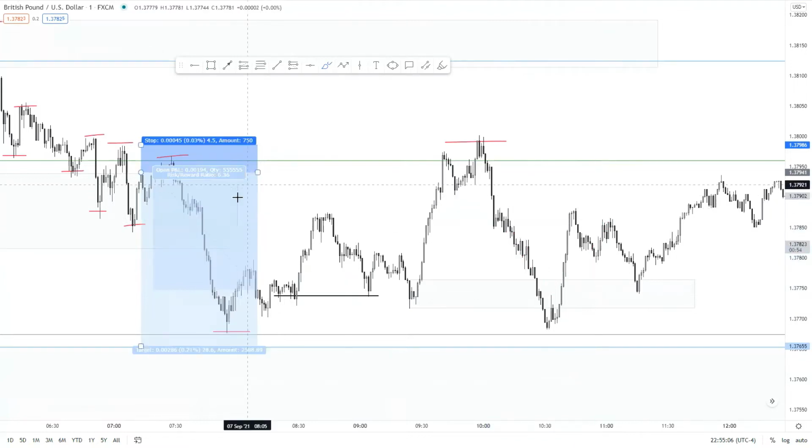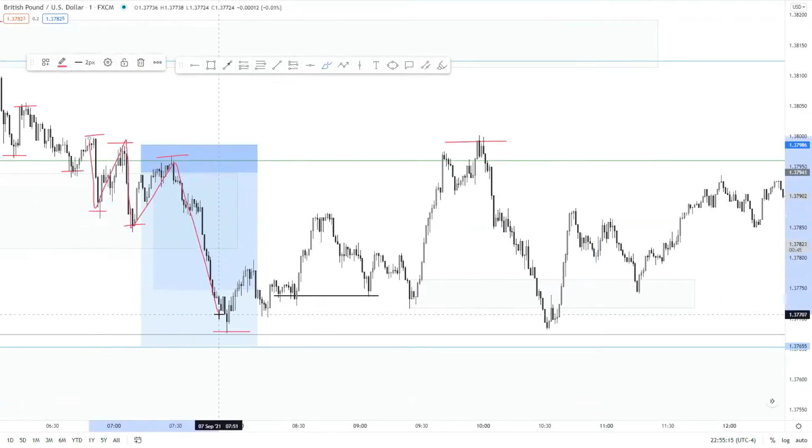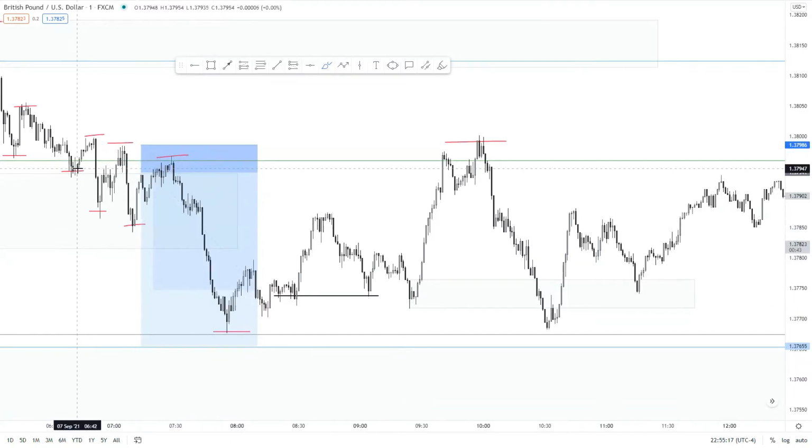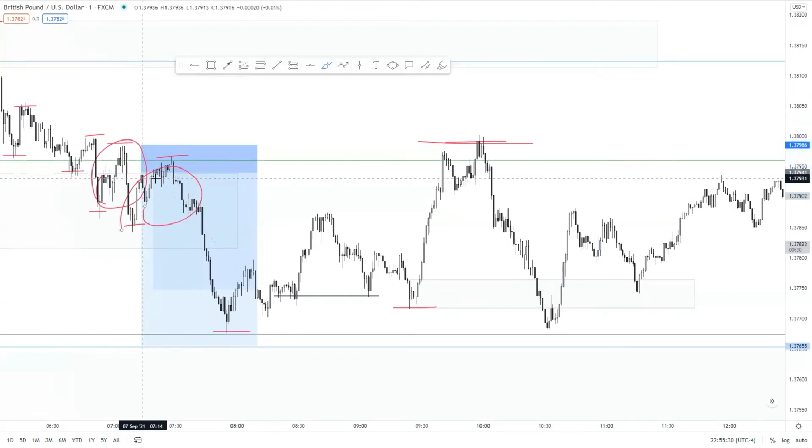Now, why was I not looking for that over here? Because over here, this is all the structure we had. This is very clear wave play, and it's compact. There's really not much price action making up these legs. Now, this leg, look at how big this leg is compared to all of these, right?